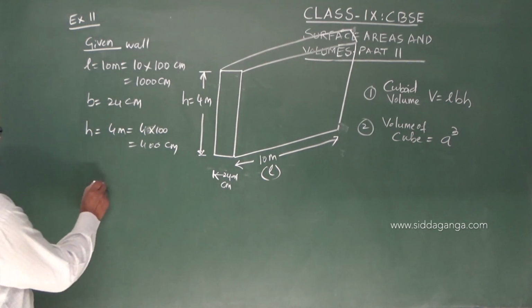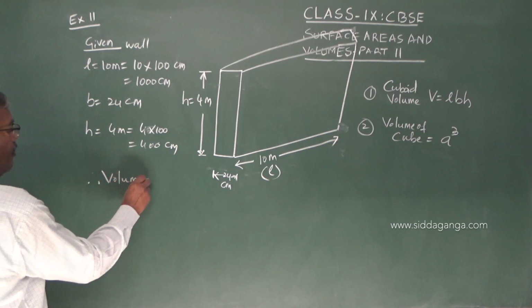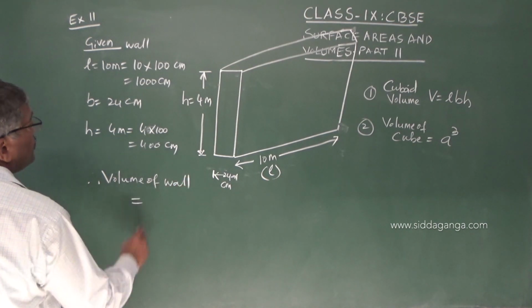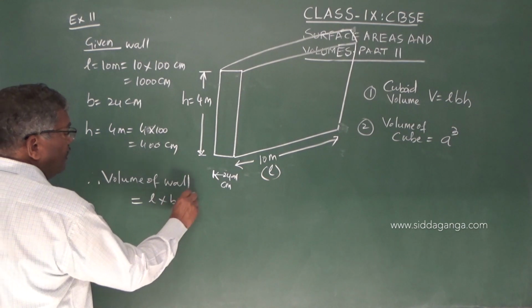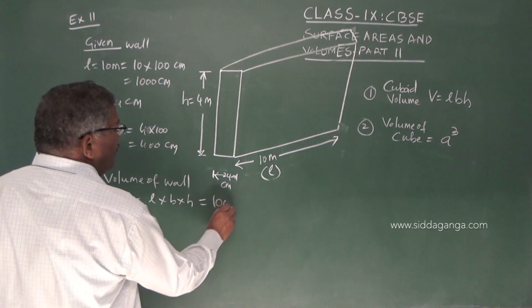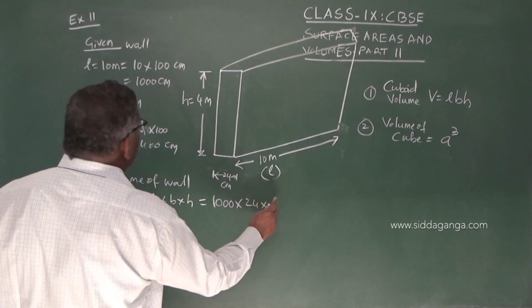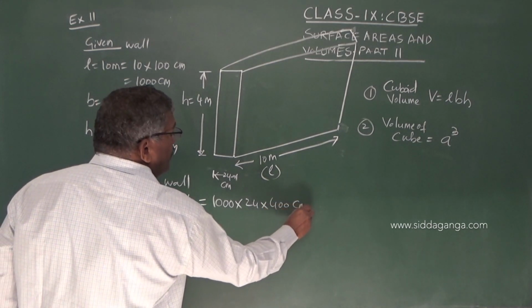Now, so therefore, volume of wall equals L into B into H, length into breadth into height, that is equal to 1000 into 24 into 400 centimeter cube.